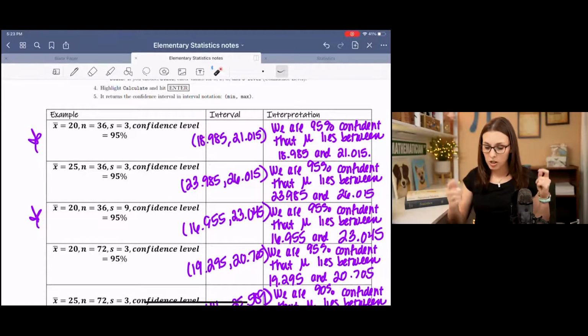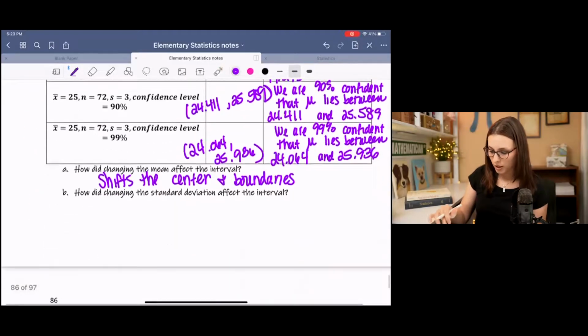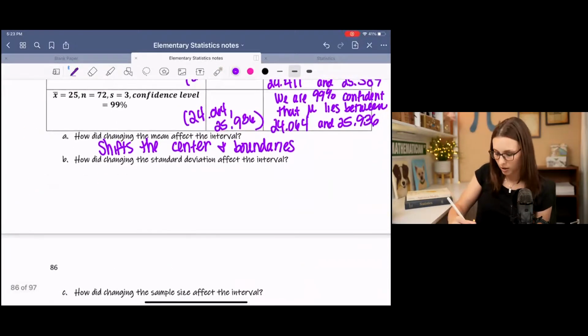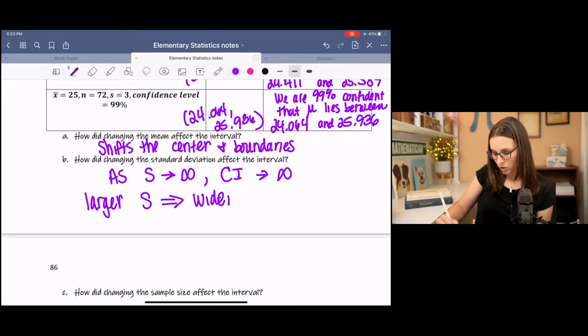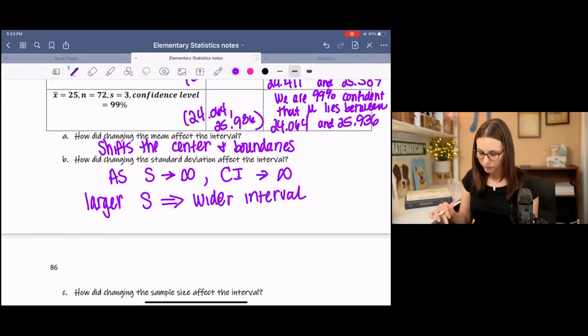So a larger standard deviation resulted in a wider net. As S got bigger, our confidence interval also got bigger, which means larger standard deviation, wider interval.